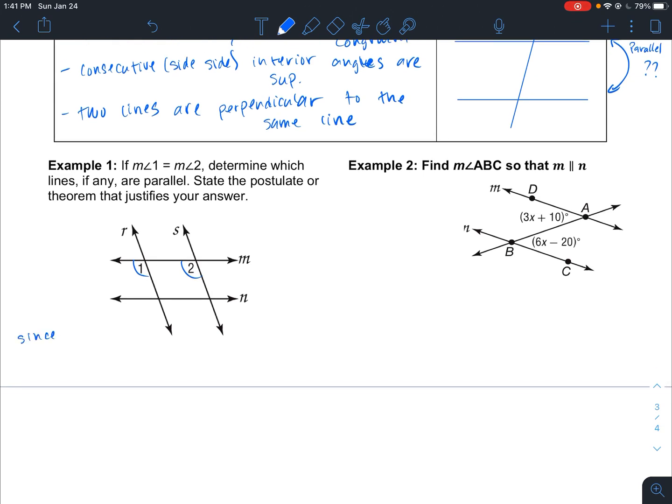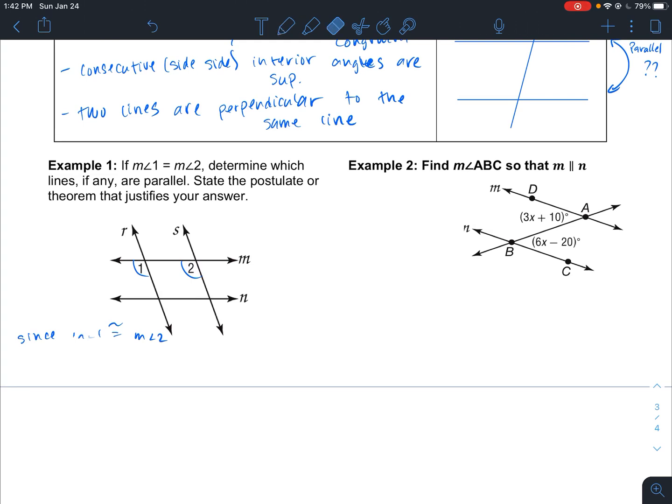Since measure of angle 1 and measure of angle 2 are equal to each other, then we know that they are congruent. So by the corresponding angles, we know that R and S are parallel. So we know that these two lines are parallel, since they are congruent because they have the same angle measure.